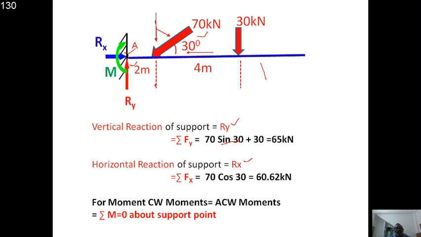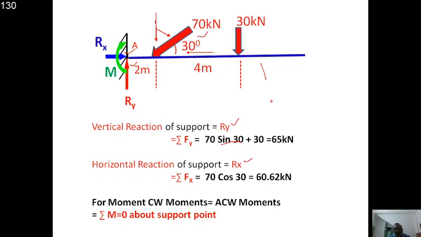Here two dimensions are given. For the inclined force, the distance from point A is 2 meters, whereas for the 30 kilonewtons, the distance from point A is 2 meters plus 4 meters, that means 6 meters. You need to multiply the perpendicular distance with the force magnitude to get the moment.